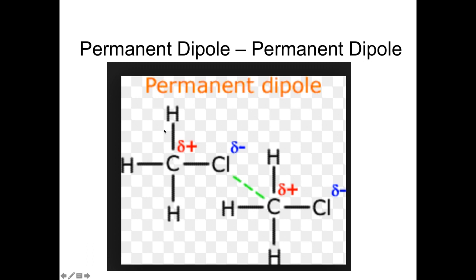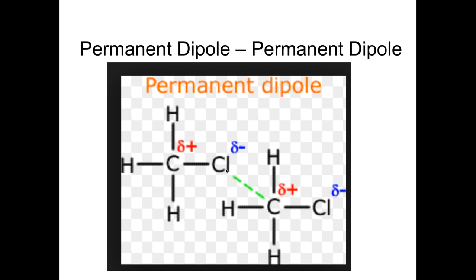So any molecule that you run into of this CH3Cl, the carbon's going to be slightly positive, the chlorine's going to be slightly negative, and so this has a permanent polarity with the chlorine negative. The carbon has a permanent positive polarity, and therefore this is called a permanent dipole intermolecular force, because this permanent polarity is always present.